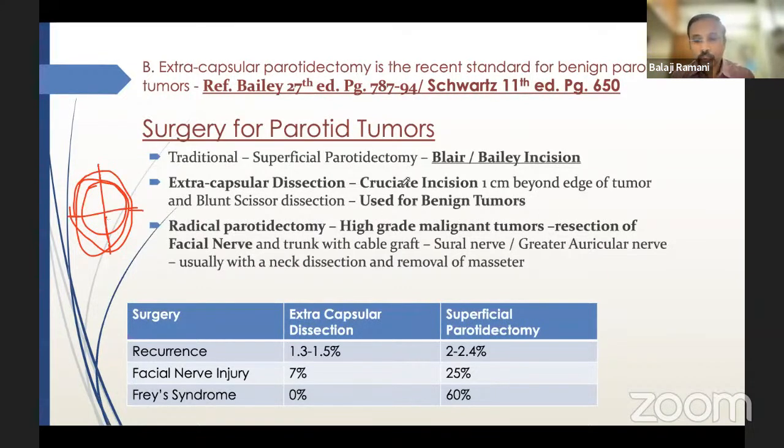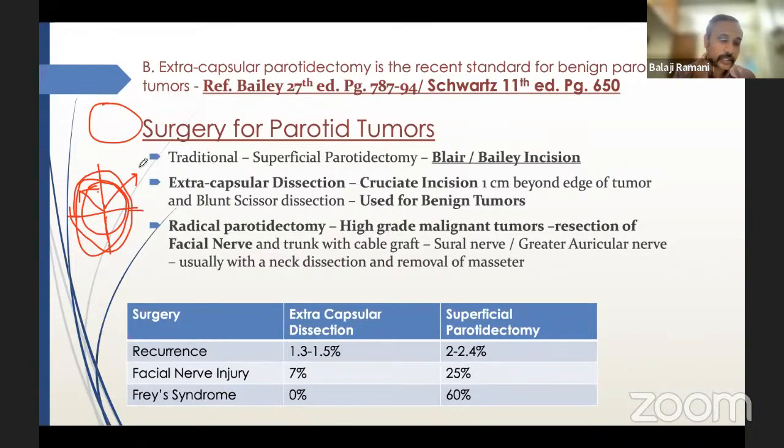The advantage when you do this is, once you have made this cruciate incision, you peel it back. Each flap will go in one direction, and then you will access the tumor. Suppose you have a tumor here, you make a cruciate incision on the surface of the parotid and raise the flap as usual, but once you see the parotid, the tumor will be at a slightly deeper level.